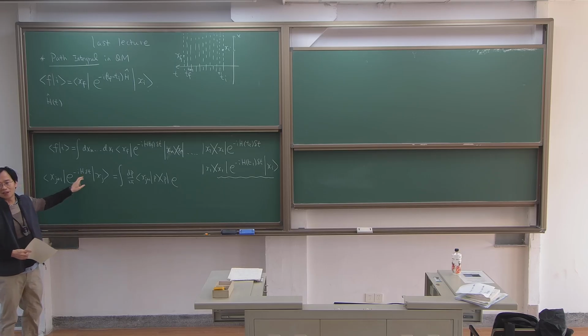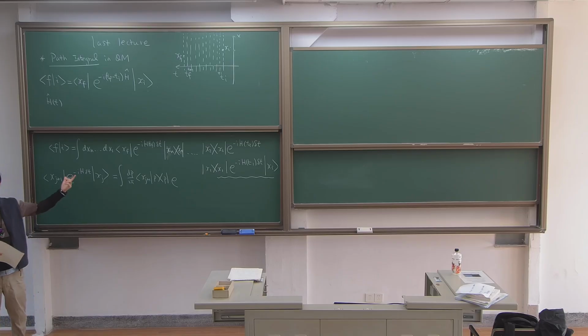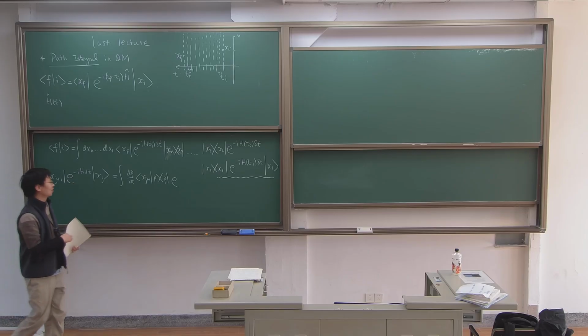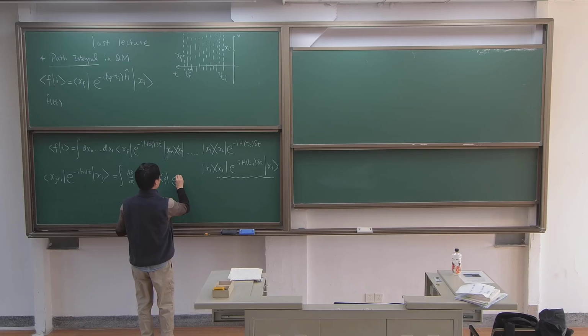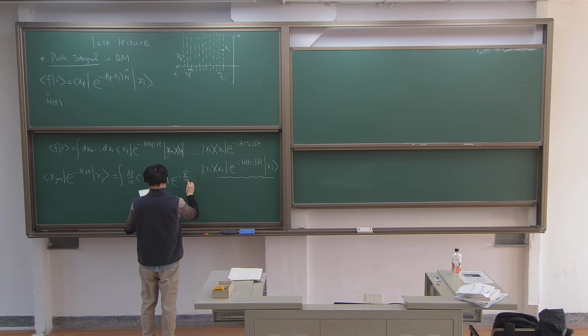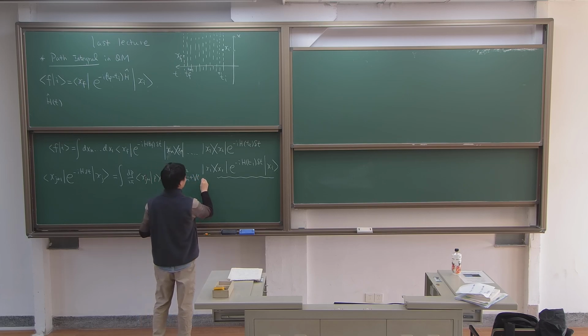This Hamiltonian is defined as p squared over 2m plus the potential. So then I will have minus i p as operator squared over 2m plus V, and we know V is a function of x as an operator, so this is x.